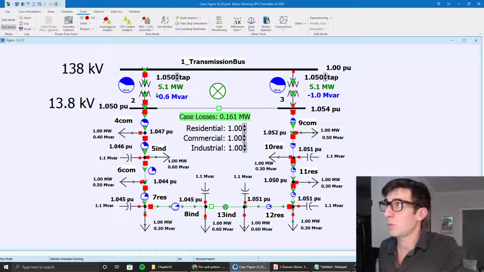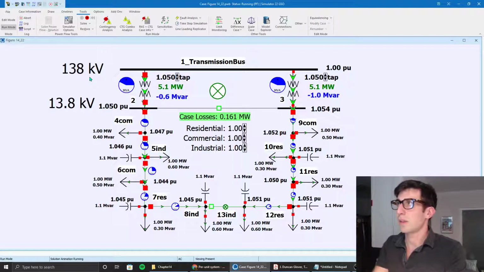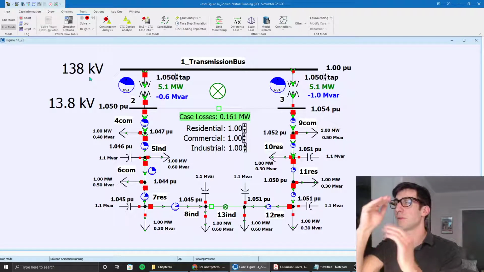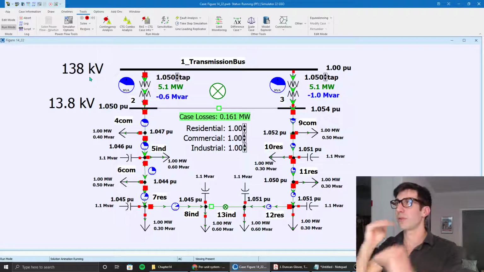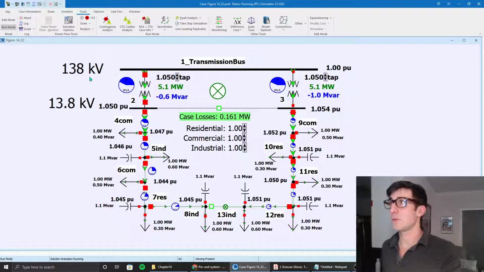So for example, 1 per unit voltage, in this case the base voltage could be 138 kilovolt rating, so 1 would be equivalent to this if that's your base value. This way you can go down the line as you're passing over transformers, and as the voltages change over the transformer, the per unit will change as well because you're changing the base value.